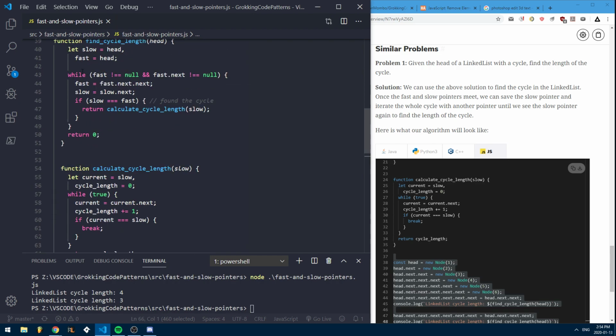So slow is head, fast head. Well, fast does not equal null, and fast.next is not null. We advance by 2 and advance by 1. And once we find the cycle, we calculate the cycle length.